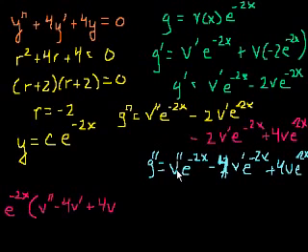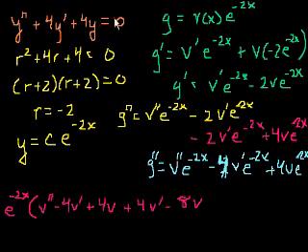If I just distribute this out, I get the second derivative, which is this, plus 4 times the first derivative, and I'm also going to factor out the e to the minus 2x. So plus 4 times this: plus 4v prime minus 8v. Once again, I factored out the e to the minus 2x.